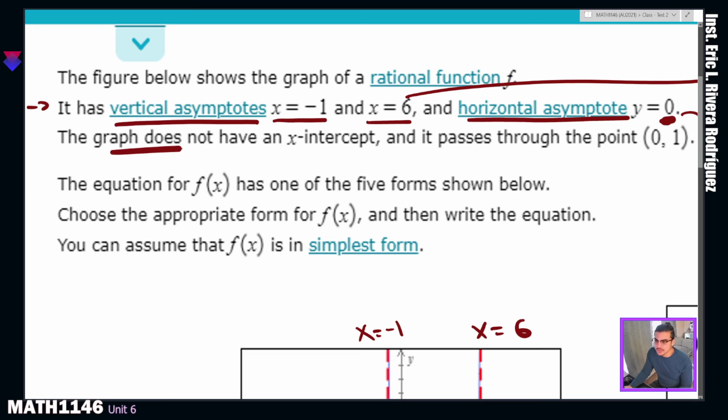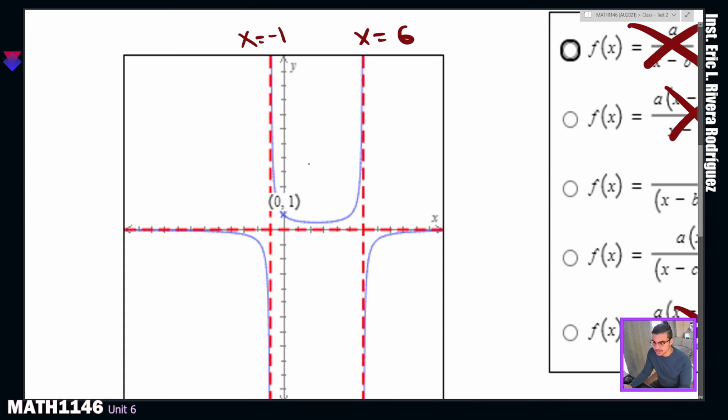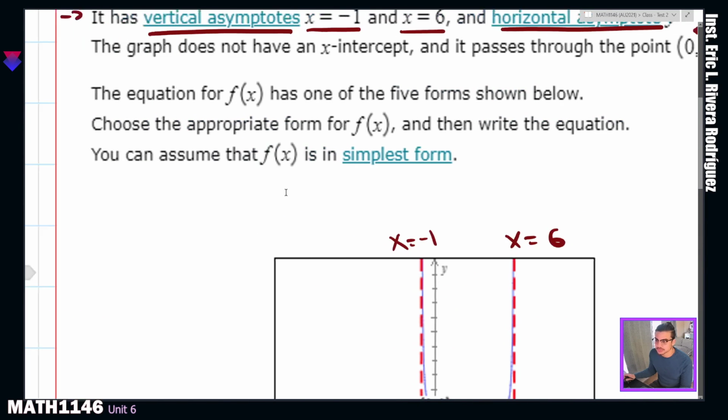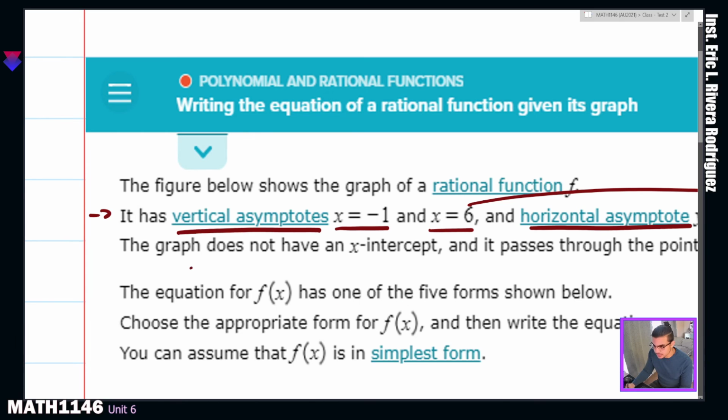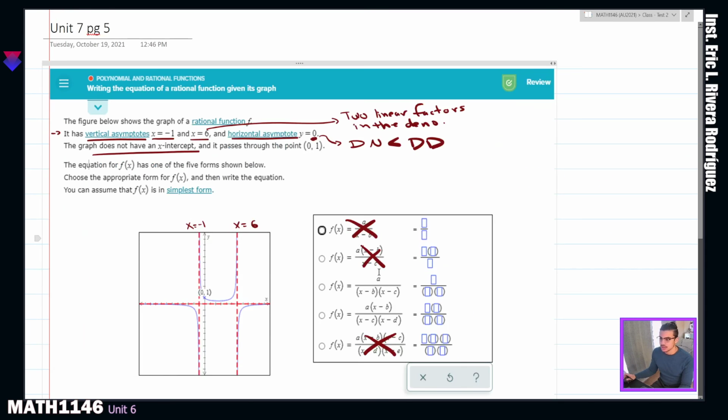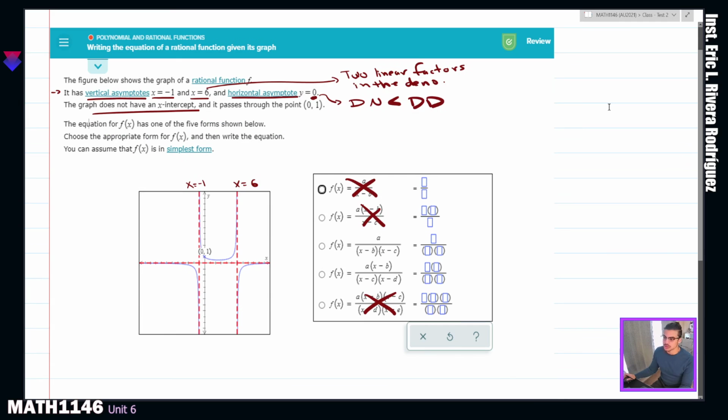The graph does not have x-intercepts. What can we get from that information? Remember the shortcut when we are looking for the x-intercepts.